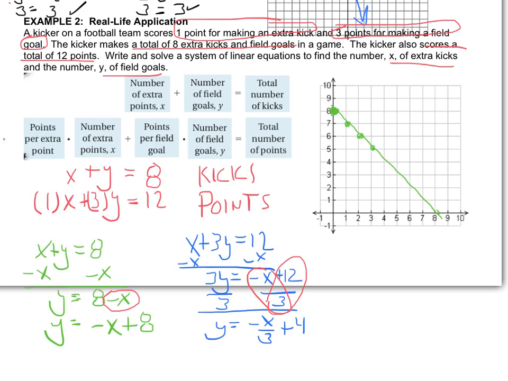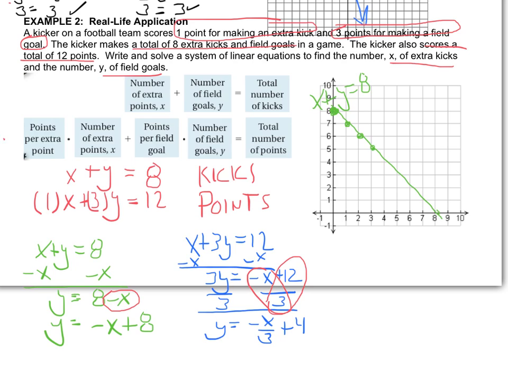Notice this is your x plus y equals 8 equation. We're not doing quadrants 2, 3, and 4, because I can't have negative kicks, so I wouldn't have negative field goals or negative extra points. So we're just making it in the first quadrant. So that's my first graph.